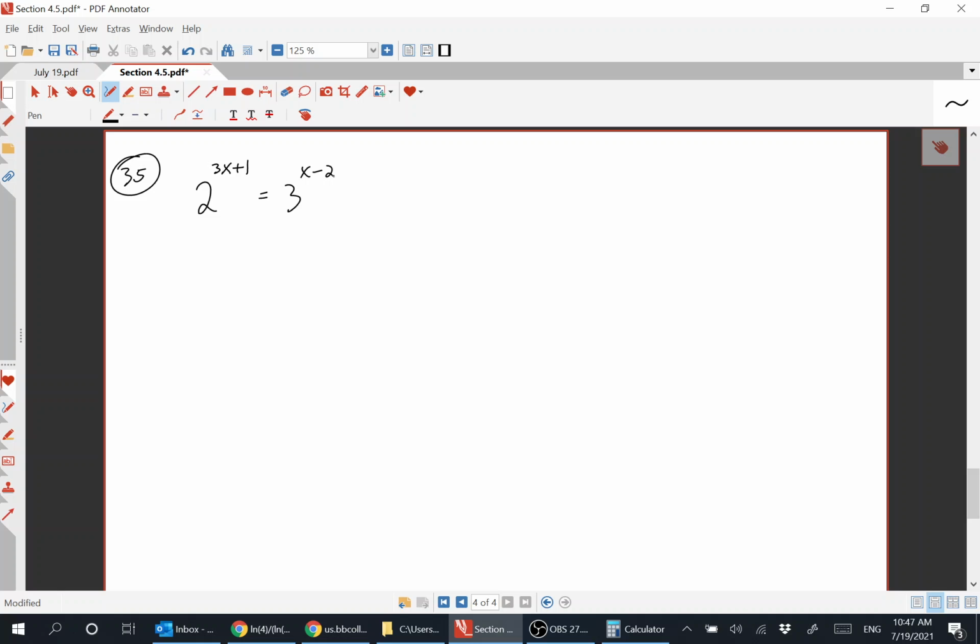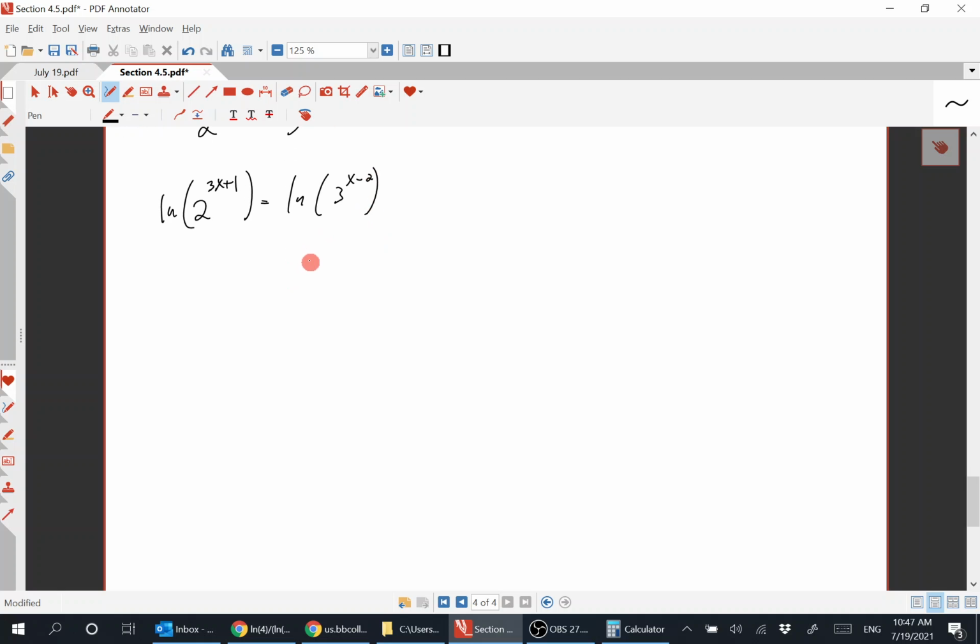So similar to the last problem, I'm just going to take the natural log of both sides. And now the exponents come down in front.